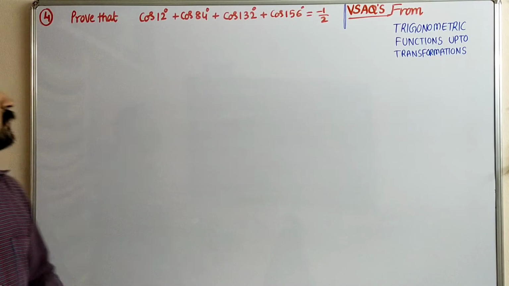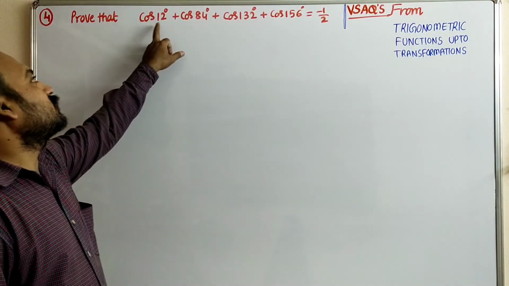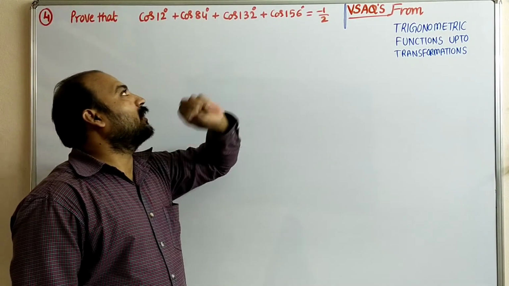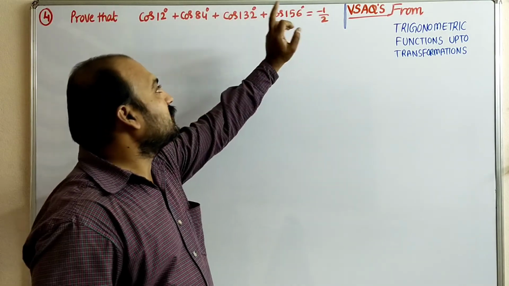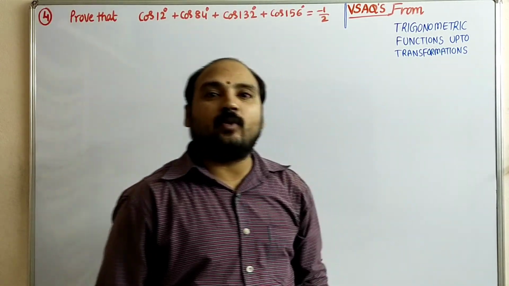The next question. Prove that cos 12 degrees plus cos 84 degrees plus cos 132 degrees plus cos 156 degrees equals minus 1 by 2.